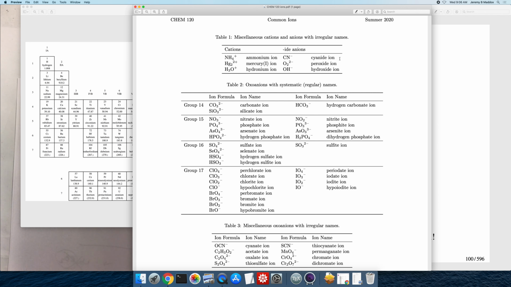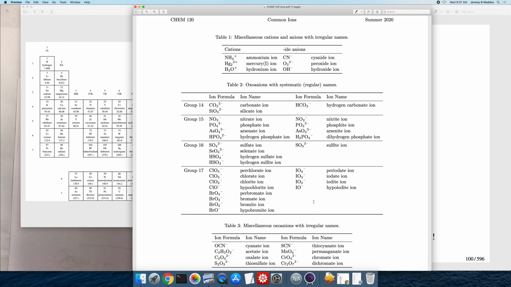One of them is the cyanide ion, CN-. The peroxide ion is a diatomic oxygen molecule with a -2 charge. Hydroxide, OH-, which is very important in acid-base chemistry, you definitely need to know.